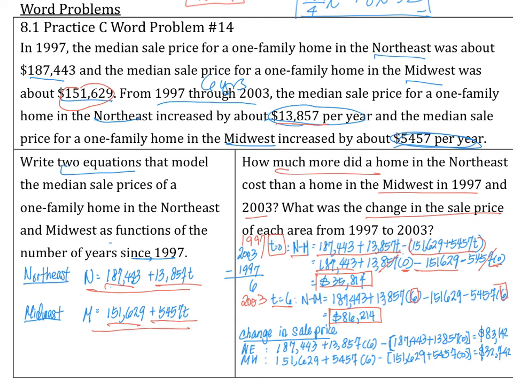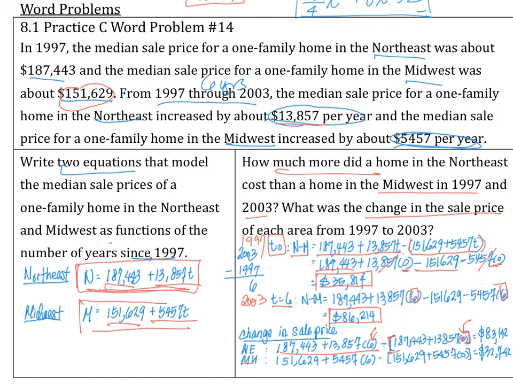So again, I need to take this expression, substitute 6 in, and then subtract the same expression again with brackets around it, and I need to substitute a period of 0 years. And I will do the same thing for the Midwest.